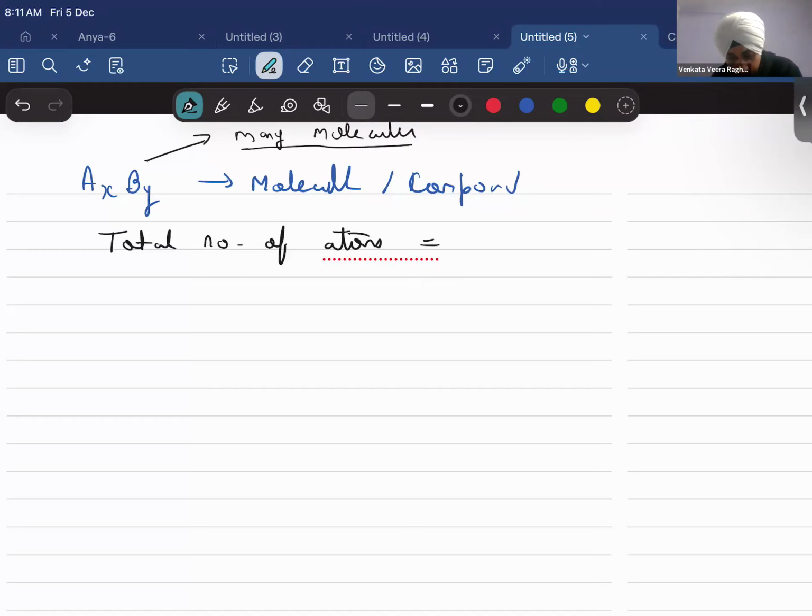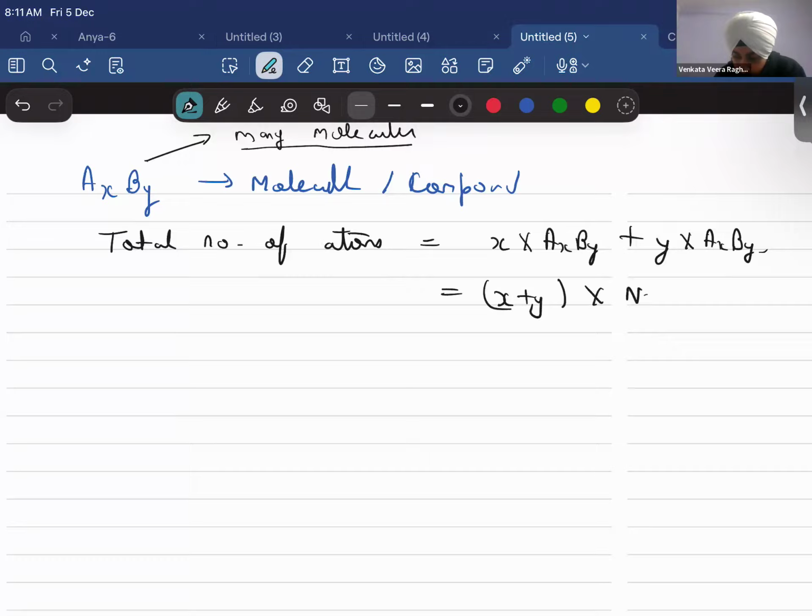So can I say it will be X amount of AXBY molecules plus Y amount of AXBY molecules, total number of molecules of AXBY? Or I can also write it as X plus Y into number of molecules of AXBY. Do you agree with me?